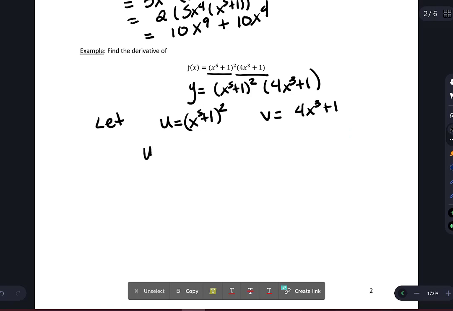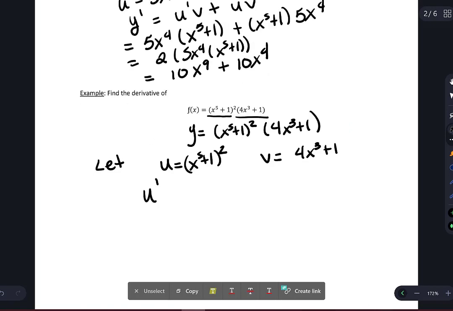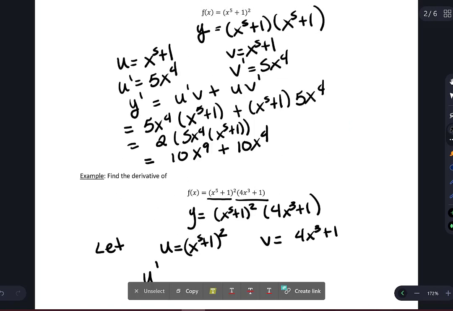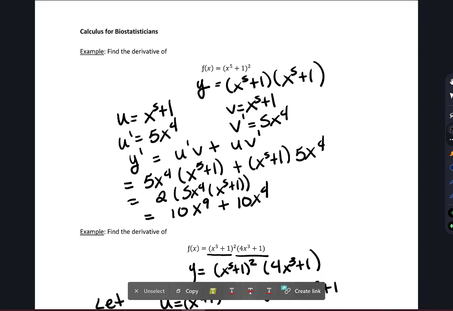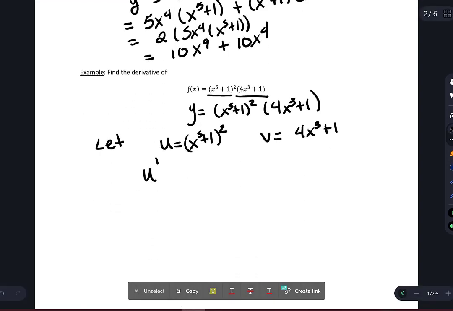And so notice for u prime, well, (x^5 + 1)^2, we just used the product rule up here to find that derivative. So that's equal to 10x^9 plus 10x^4. And then v prime is going to be equal to 12x^2.